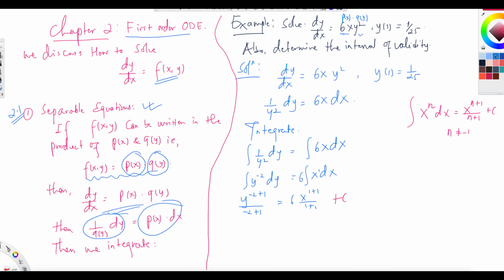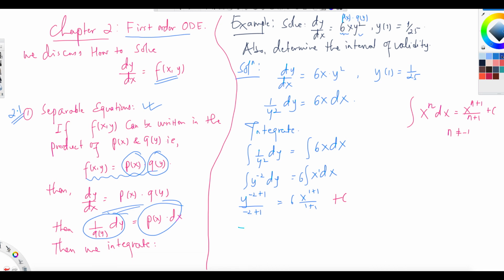Why do I write plus c there? Although you will get one constant on the left side and another constant on the right side, let's say c1 on the left and c2 on the right, if you move that c1 to the right side and combine those constants, you can write just a single c. So what do you get there? You get a negative, because negative 2 plus 1 will be negative.